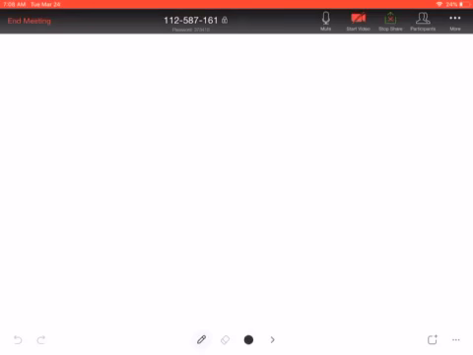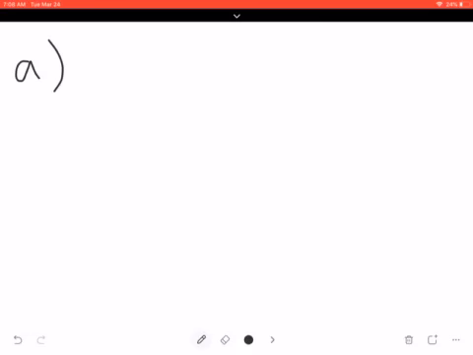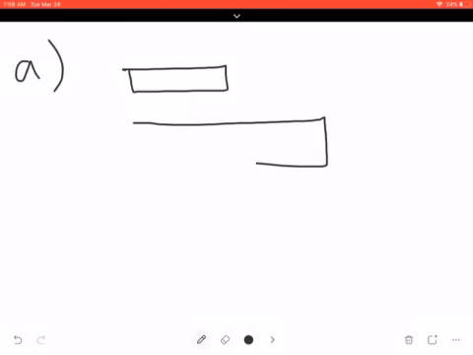Let's look at 7-114A. We've got Ellie, she's building a dollhouse. She has boards of two different lengths. We know the long one is 17 inches longer than the short board. So we're just drawing a picture for A. So we've got our short board and we've got our long board.